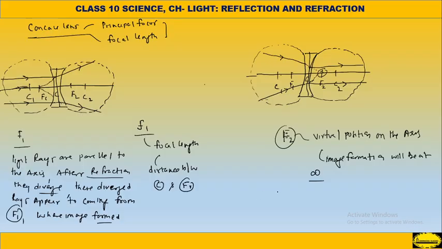And regarding the focal length of the lens, that is f2 here, it is the distance between the optical center and principal focus f2.